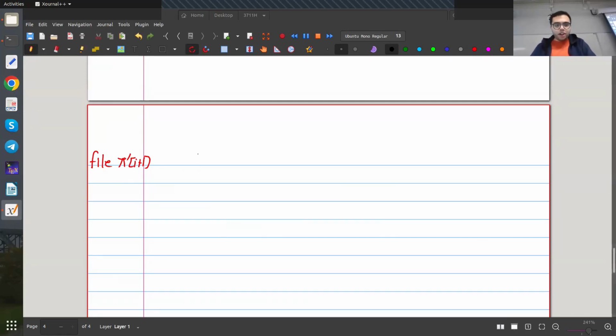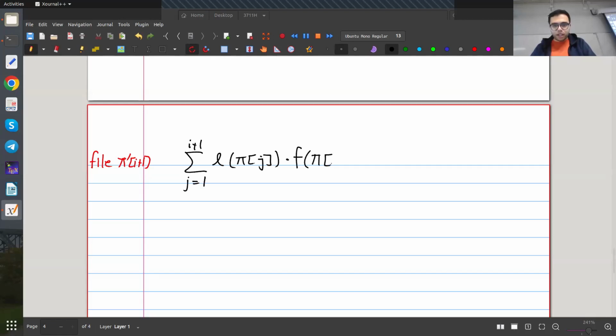So before, the cost that I was paying to access this file was the sum of j from 1 to i plus 1 of the length of the file at position j, multiplied by the frequency of the file that was put at position i plus 1. Because this is the number of times that I was accessing this file, and this is the length that I have to go over to access the file.